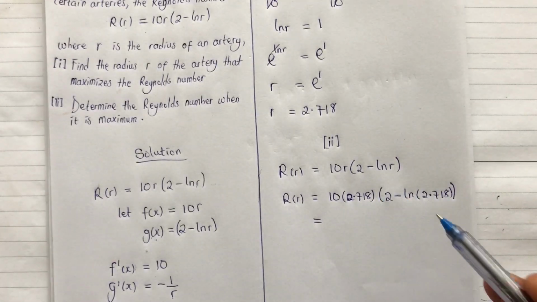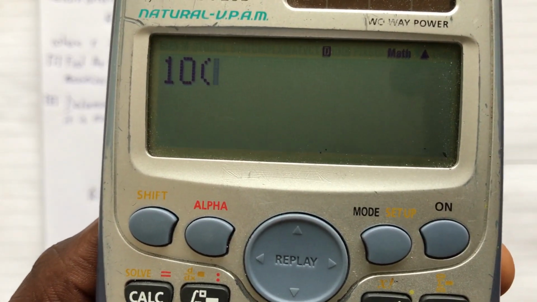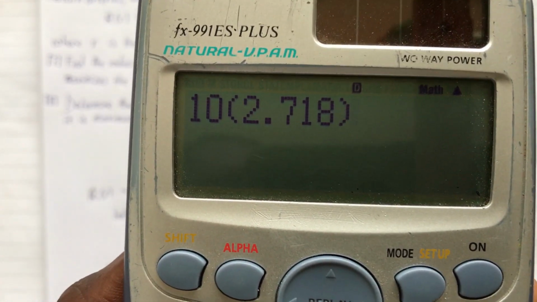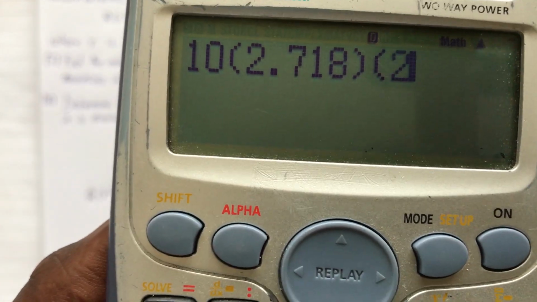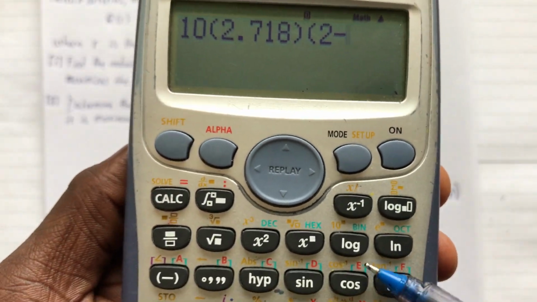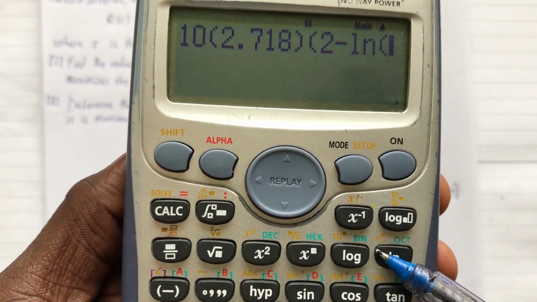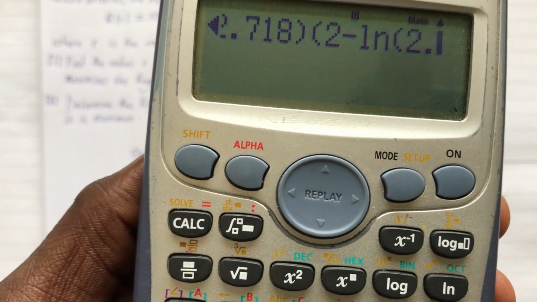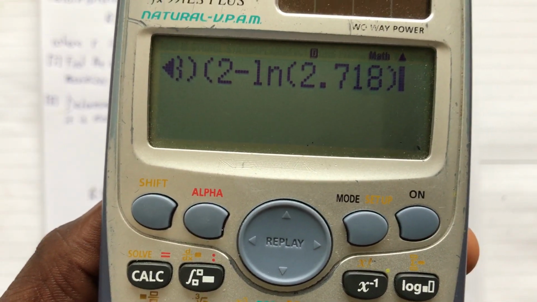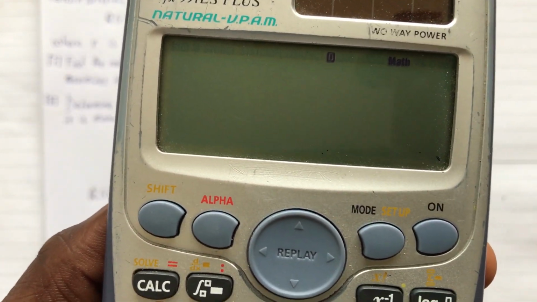Alright, so let's simplify this. This is giving us 10 into bracket 2.718 bracket close multiplying 2 minus. Now we have the ln function here. So you just press on that. ln 2.718. Okay, so I have to double close the bracket. Alright, so now let's press equal to.